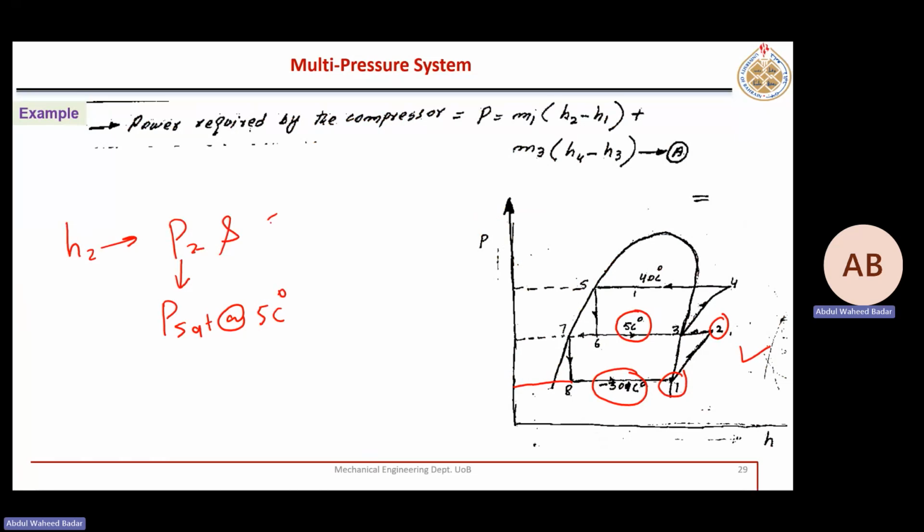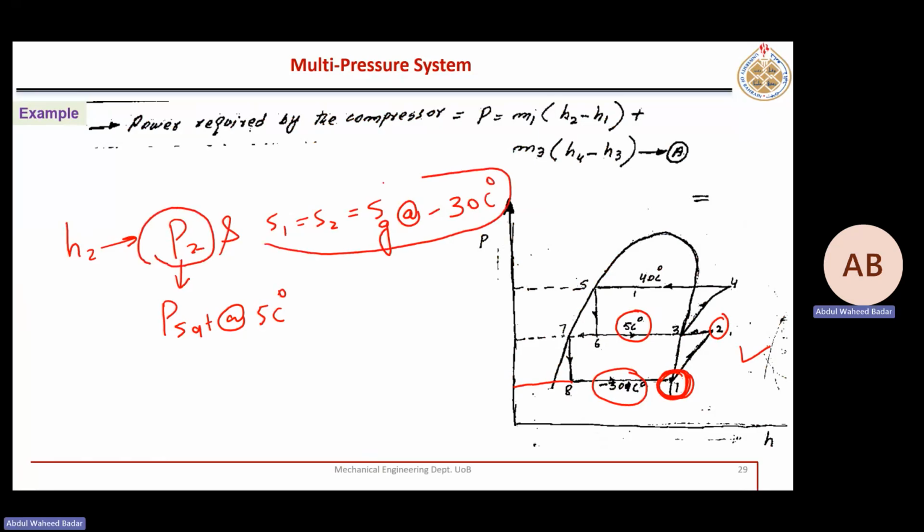So entropy S1 is equal to S2, which is equal to Sg, this one, at minus 30. So if you can trace these two lines on a P-h chart, we can fix point 2.